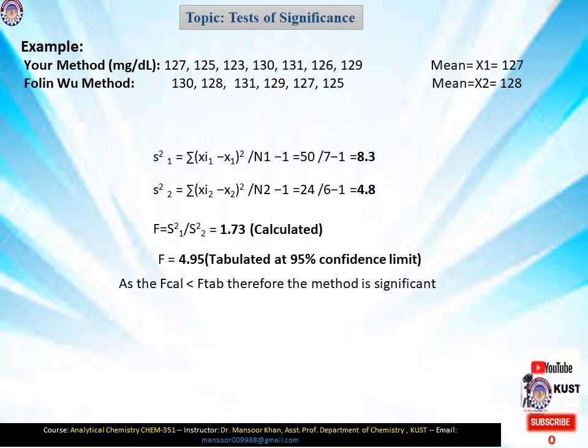This is called F calculated, where F tabulated at the 95% confidence limit, present in the table in the analytical chemistry textbook, is equal to 4.95. As F calculated is less than F tabulated, therefore the method is significant.